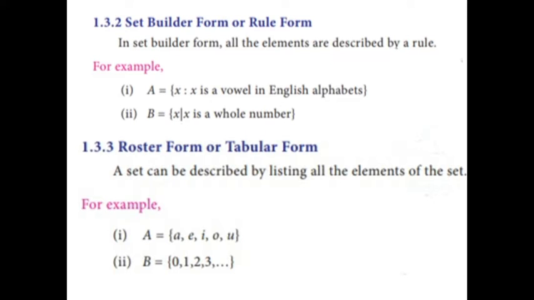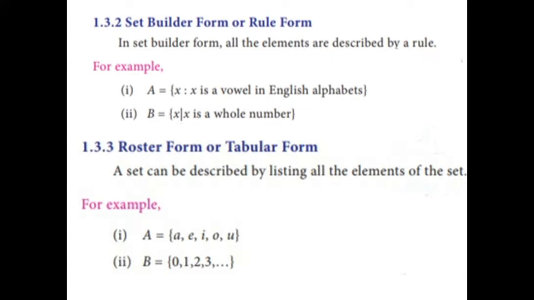The third form is the roster form. If a set is described by listing all the elements of the set, then it is said to be in the roster form. What is listing all the elements? In the set builder form I said x is a vowel in English. In the roster form I list the vowels in the English alphabet. See the first example, A equals the set {A, E, I, O, U}.